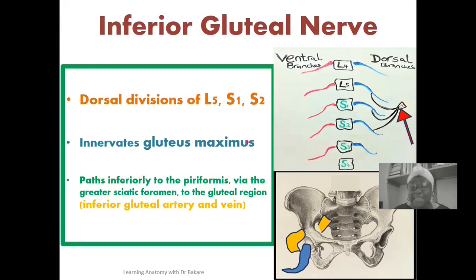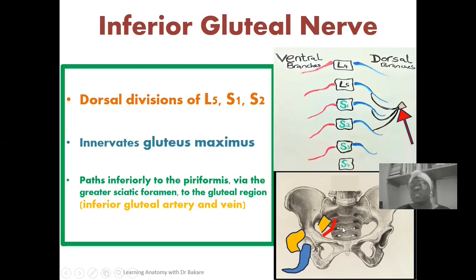As it emerges, this is what is also highlighted here in red, it's seen to pass below the piriformis, where it, of course, will gain access to the greater sciatic foramen to enter into the gluteal region. And this is where it will be supplying the gluteus maximus.